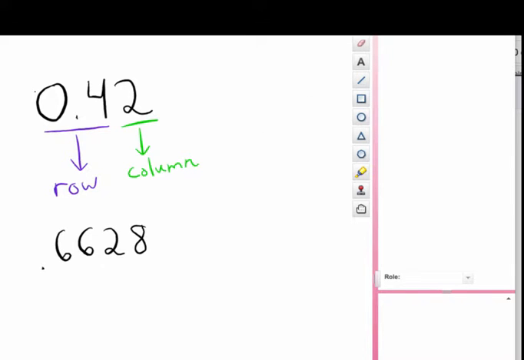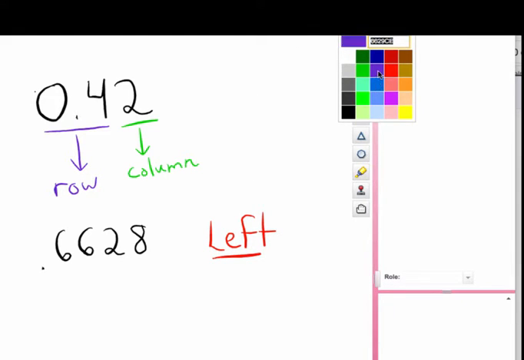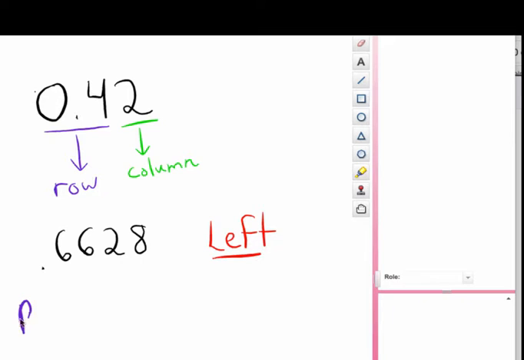It is also important to note that the table always indicates the area to the left of that standard score. If you wish to find the area to the right, knowing that the entire table adds up to 1, you may take the value of 1 and subtract the area given on the table.